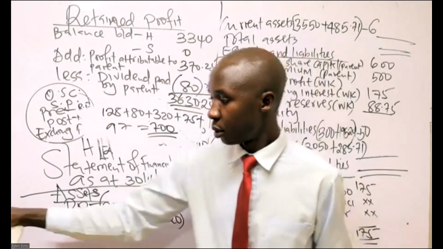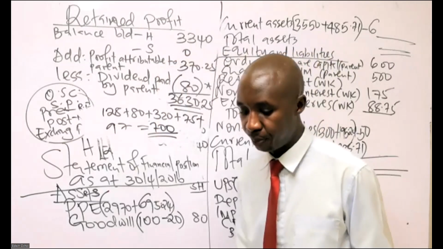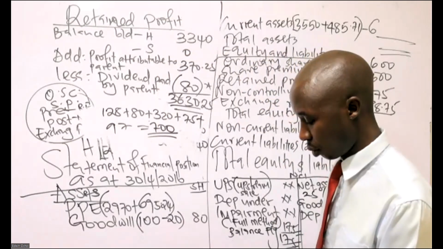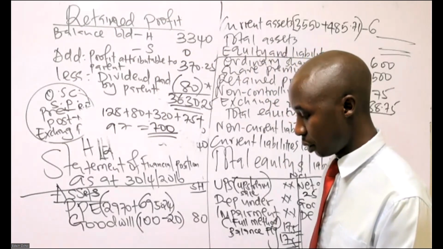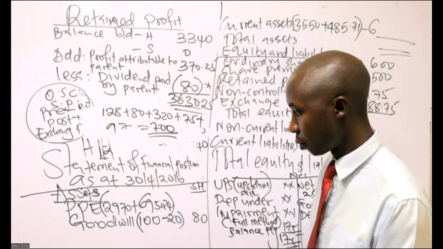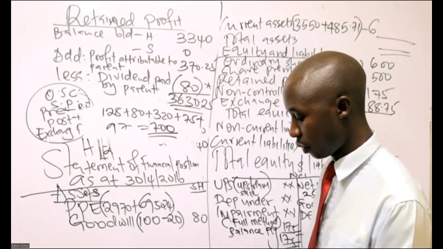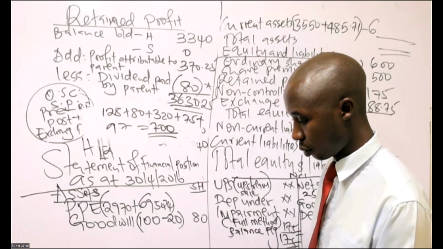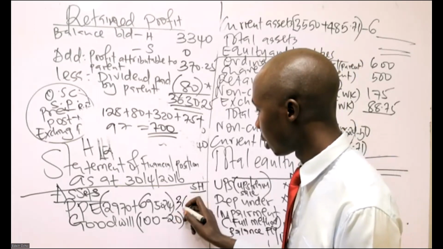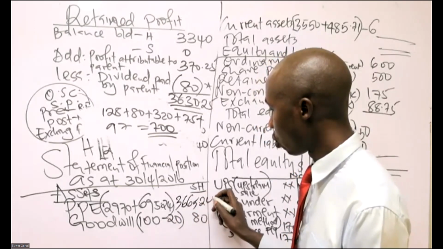So, guys, totals: 2970 plus 695.24. This is 3665.24.